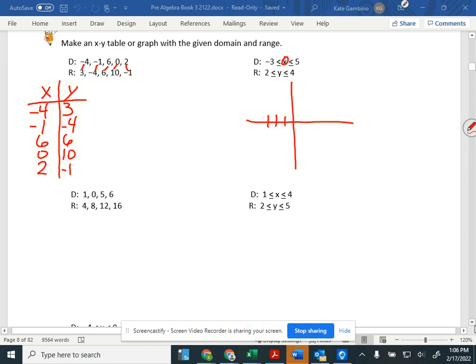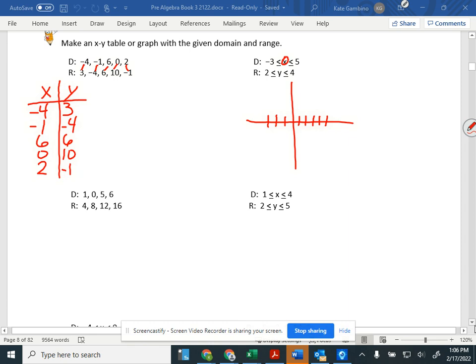Because nothing is going to go beyond -3 because x is greater than or equal to -3. So what is my endpoint going to be, Chase? 5, because that's the other end. So my x is going to be between -3 and 5.